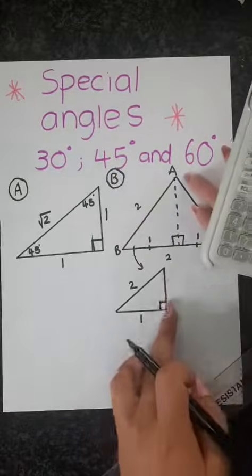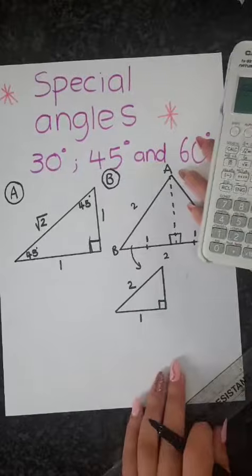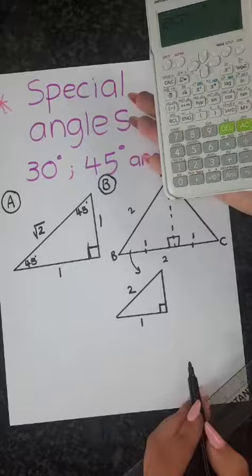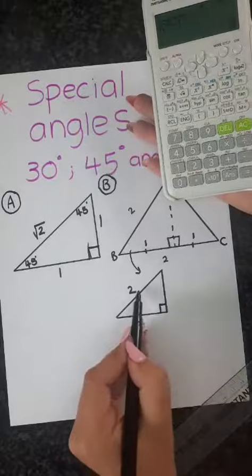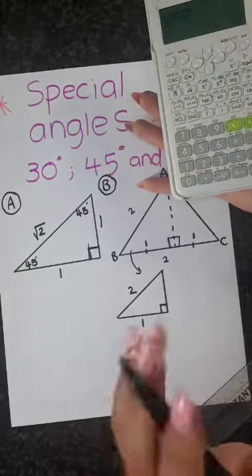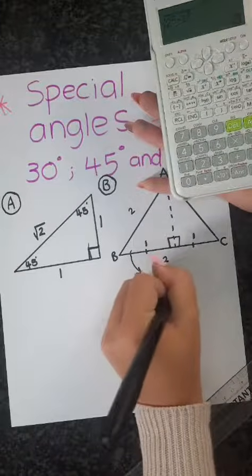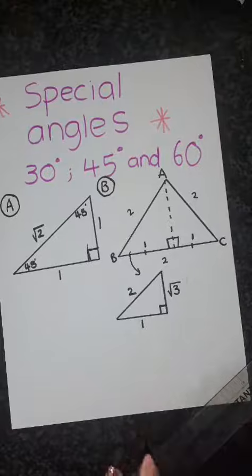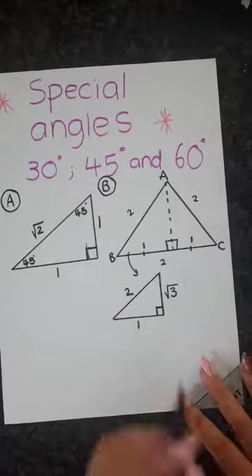How do I find the value of this third side? What I do is I can use Pythagoras. This is the hypotenuse. This is what I'm looking for. If you use Pythagoras, which I'm not going to go into detail with, I get square root 3.